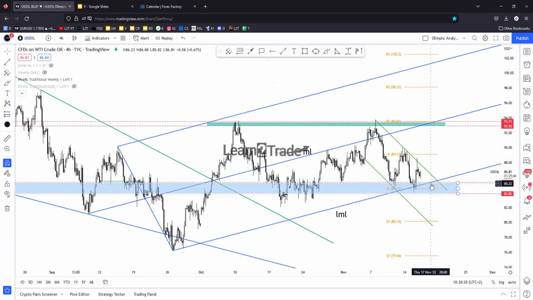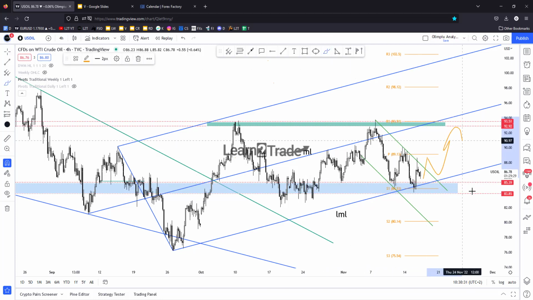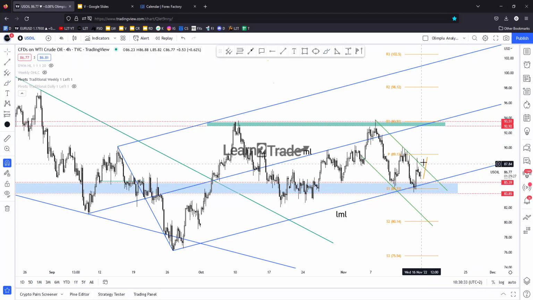But maybe we'll have a new long opportunity only if the price makes a valid breakout. Personally, I want to see test, retest, sideways movement near the downtrend line, to test and retest the support zone, and then to take out the downtrend line and develop a new leg higher.